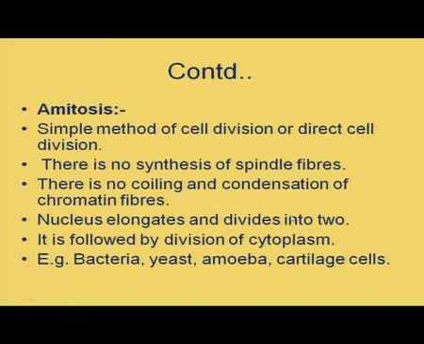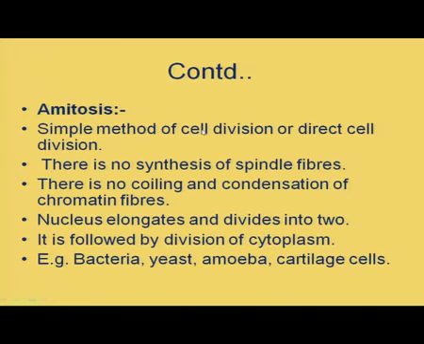The nucleus of the particular cell that undergoes amitosis will elongate and divide into two. And after this nuclear division, it is followed by division of cytoplasm.